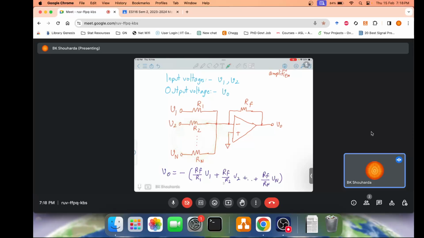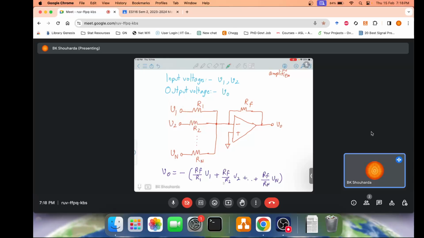In effect, you only have a simple inverting amplifier where you have Rf and R1, and we know very well that the expression for such a circuit is VO equals minus Rf by R1 times V1, and that's due to V1 only.